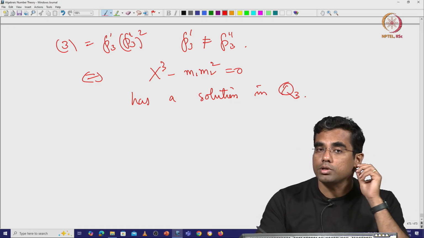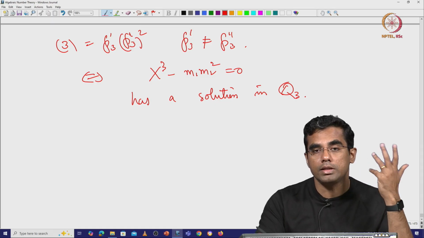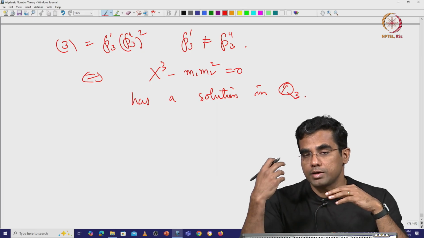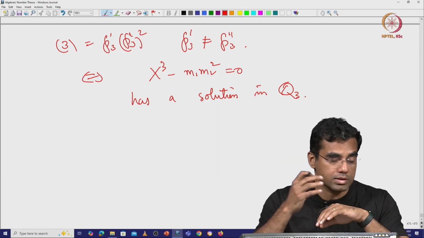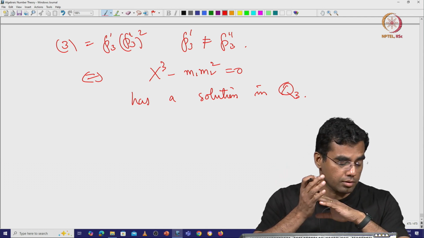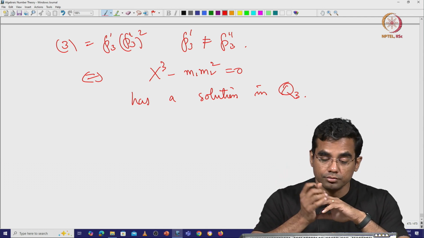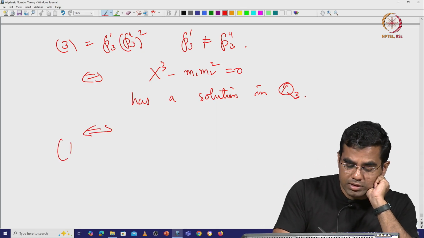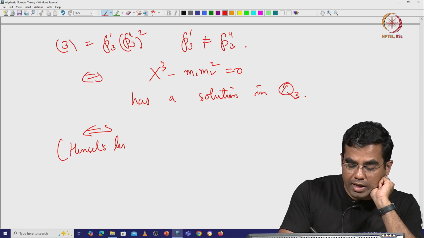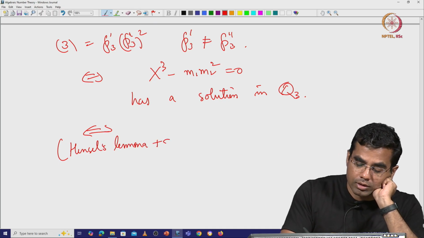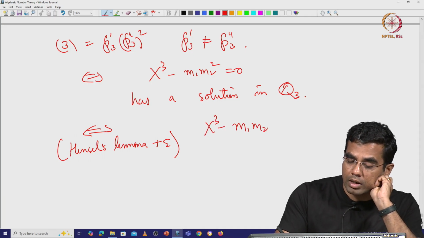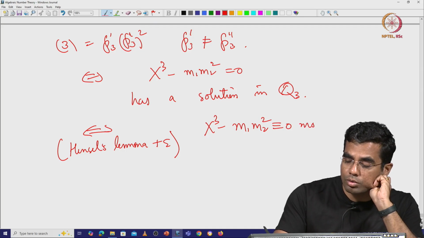If it has a solution, it decomposes as a product of a linear factor times some degree 2 polynomial, and we know that 3 is ramified, so that degree 2 polynomial will further split as the square of something. So when does this have a solution? This is almost like Hensel's lemma, but a slight generalization of Hensel's lemma that we proved earlier. So this is if and only if x cubed minus m1 m2 squared congruent to 0 mod 9 has a solution.